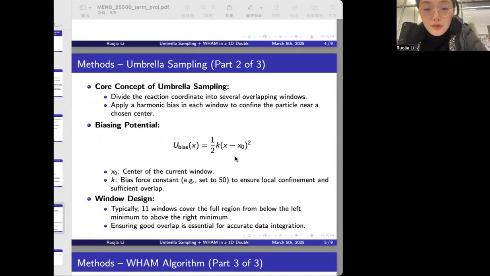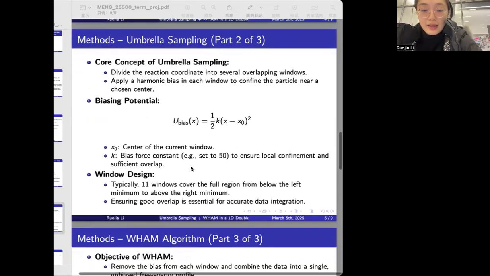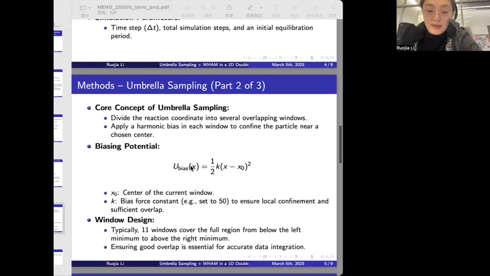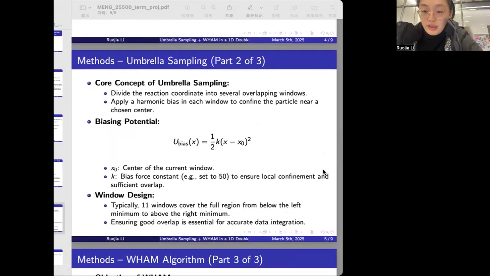And then you apply a harmonic bias in each window. The bias potential is given by U_bias(x) = 1/2 k (x - x0)^2, where k is a force constant. For instance, I use 50 in my code, and this harmonic umbrella confines the particle near the chosen window center, forcing it to explore that region more thoroughly.